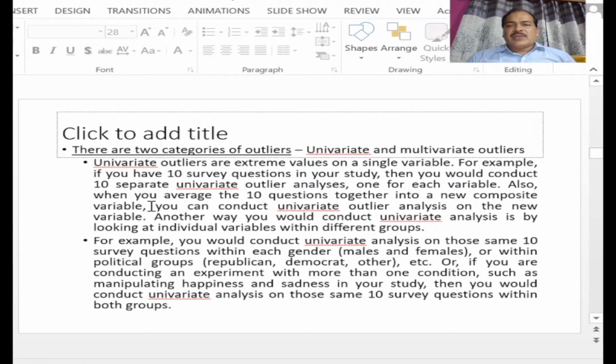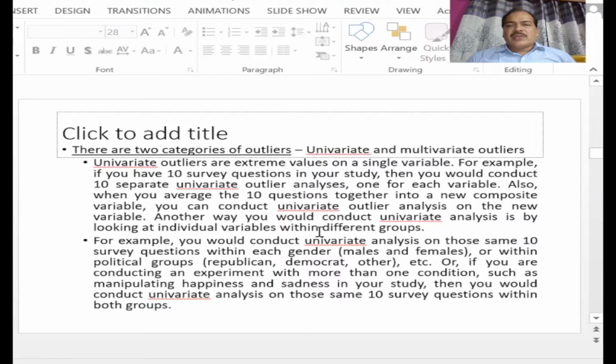The other part here is key: how we can identify the outliers. Univariate outliers are basically the extreme values on a single variable. For example, if we have 10 survey questions in our study, then you would conduct 10 different univariate outlier analyses, one for each variable.